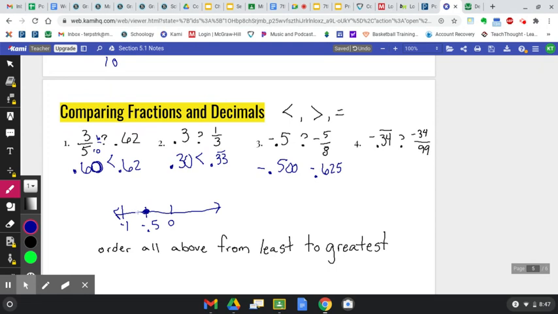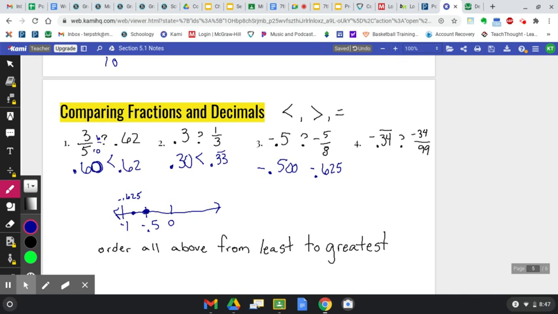Negative 0.6 is here, and a little bit more than that is negative 0.625. So remember when we look at a number line, the further left you go is smaller, and the further right you go is bigger.